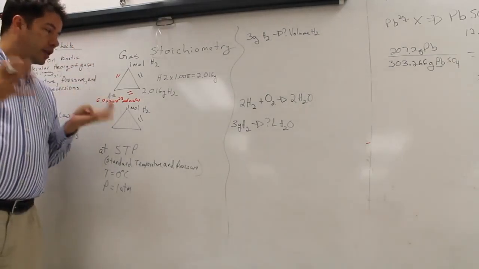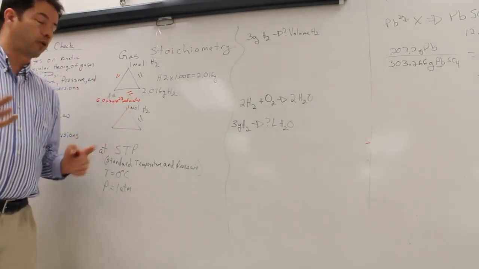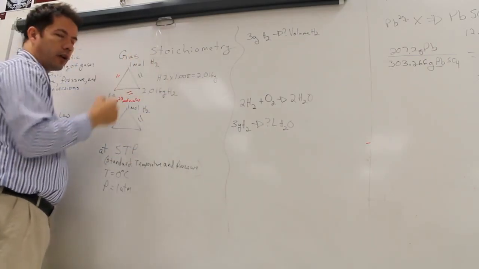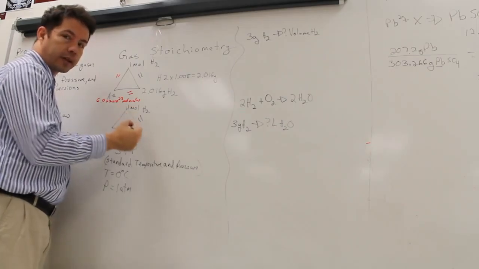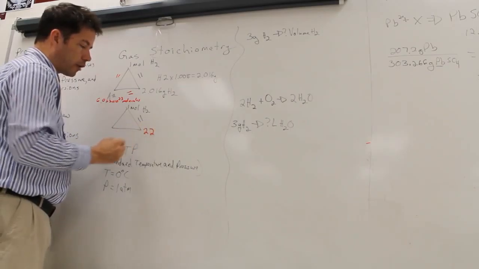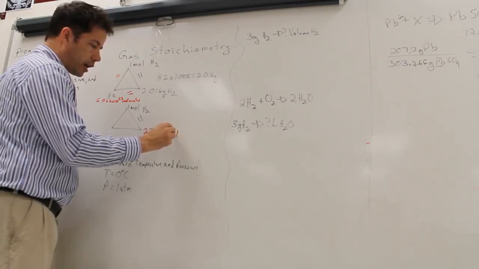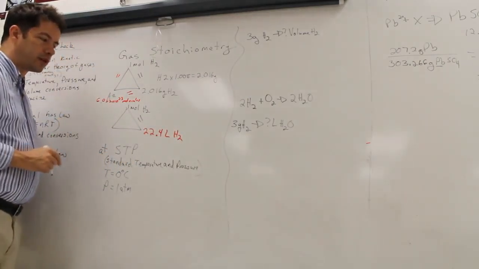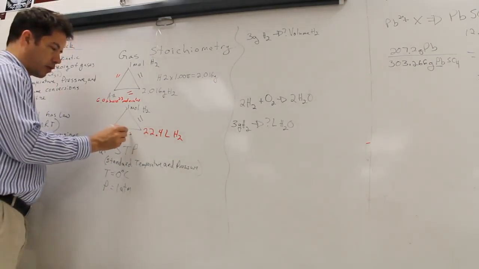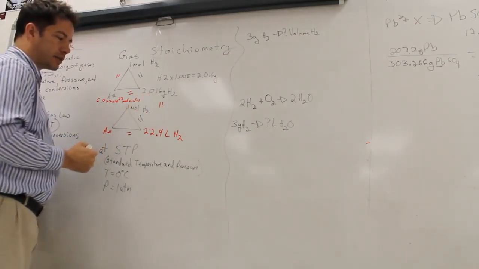Now, when we are dealing with a gas, and this is really what Avogadro figured out for us, because this is where he started before we figured out all this other stuff with the grams, he started with gases and with volumes. And what he discovered was that 1 mole of a gas is equal to 22.4 liters of that gas. So 1 mole of H2 is equal to 22.4 liters of H2, which is equal to Avogadro's number, which also is equal to that mass.